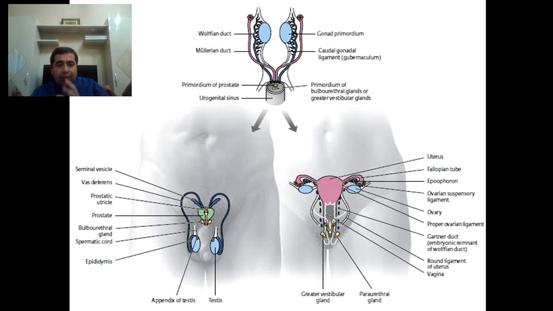In female, in development by the female sexual way, there is no connection, and the Wolffian duct will reduce, and the Wolffian body gives only rudimentary organs of the female genitalia. The main source of development of the female genital organs is the Mullerian duct.